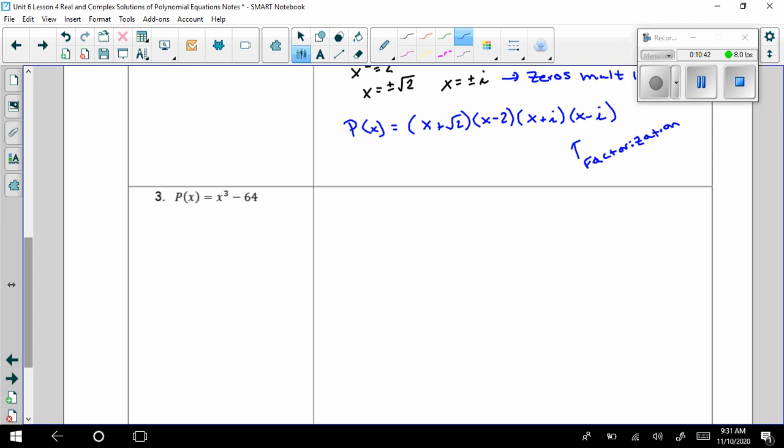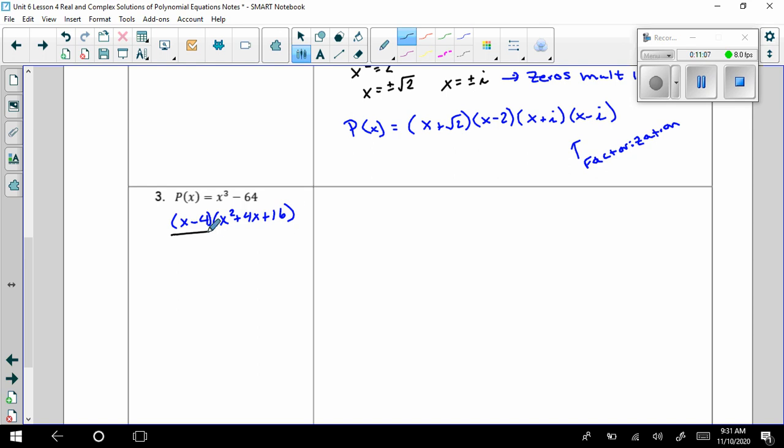And so, for example, this one doesn't factor all the way down. It's a difference of 2 cubes. So it factors as x minus 4 and x squared plus 4x plus 16.